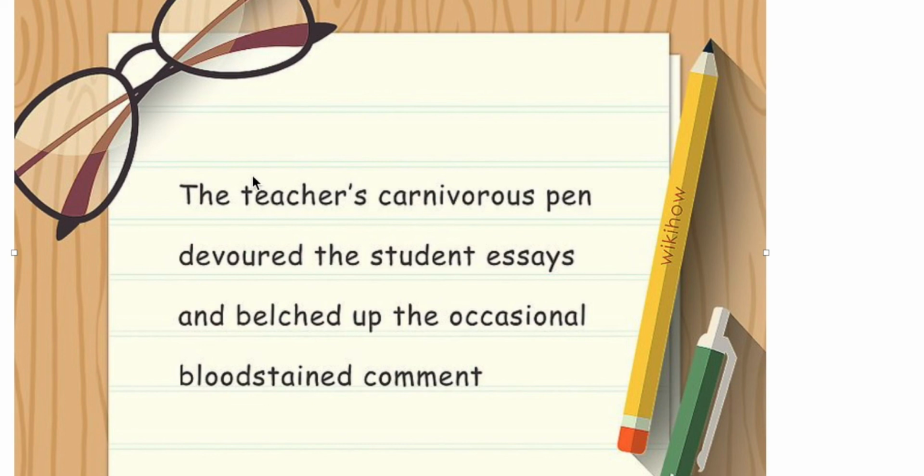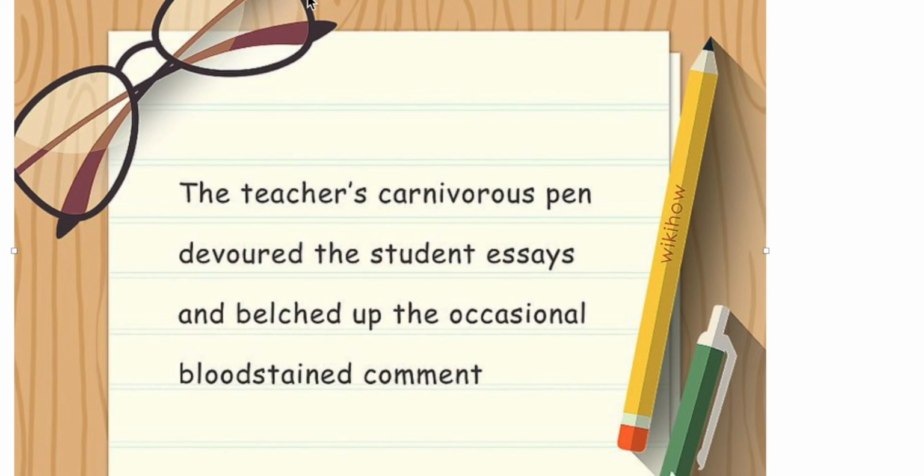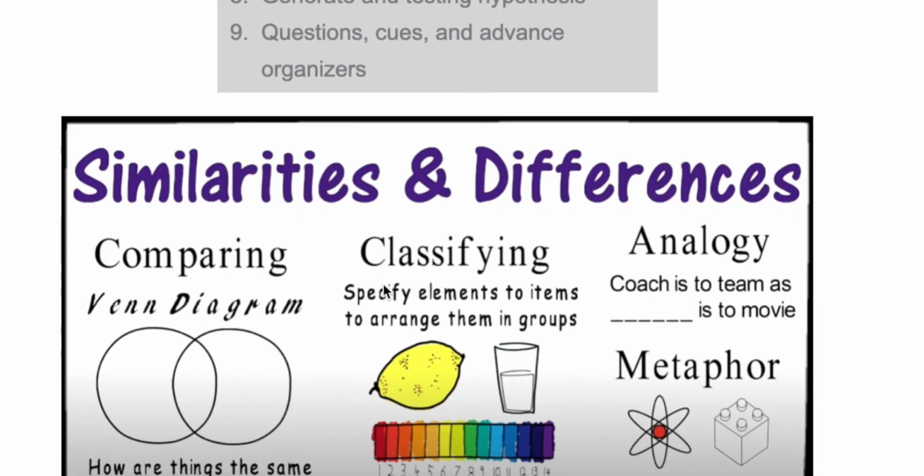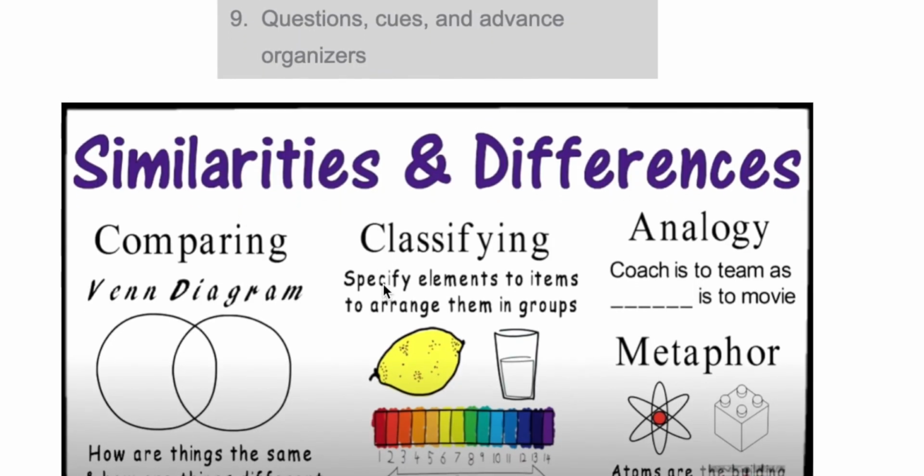See, by doing so, we have written a very wonderful and very interesting comparison of how the teacher writes and what it's written. So those things are what we can use when we do similarities and differences. And you can also do the same for your students and when you're learning.